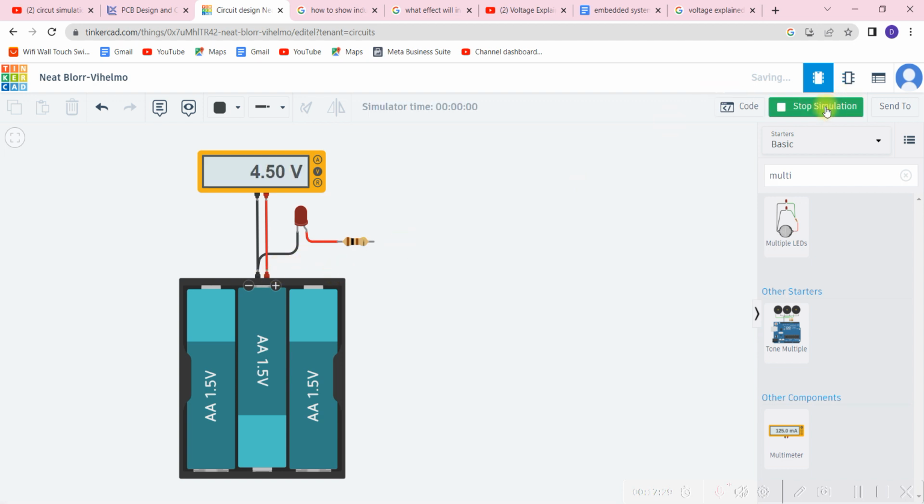I'm seeing 4.5 volts total from these 2. So this is 1.5, 1.5, 1.5, so that's 4.5 volts total. That's pretty correct there. Control Z, and let's run it again. 4.46. So some voltage has been lost due to the fact that we've loaded the circuit with components.